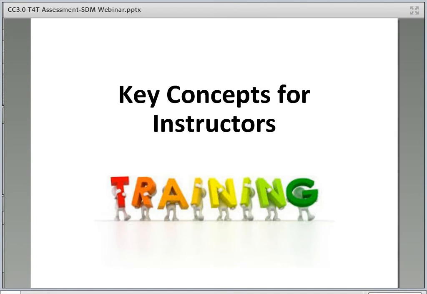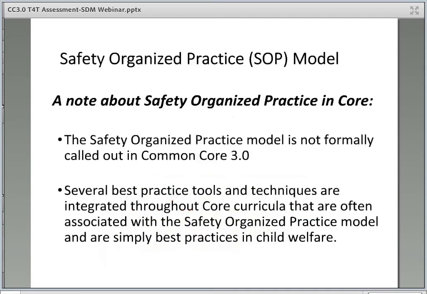Let's review some key concepts for instructors. The Safety Organized Practice model, also referred to as SOP, is a collaborative practice approach used in several California counties. The practice model emphasizes the importance of teamwork and aims to build and strengthen partnerships with the child welfare agency and within a family by involving their informal support networks of friends and family members.